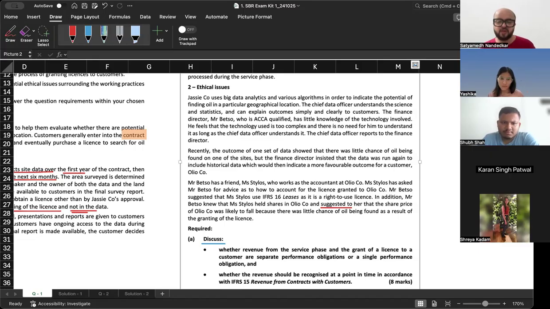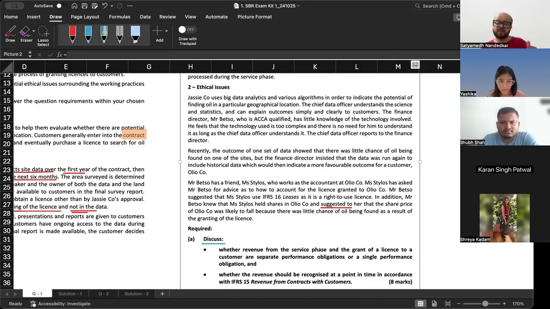The chief data officer reports to the finance director. Recently, the outcome of one set of data showed that there was a little chance of oil being found on one of the sites. But the finance director insisted that the data was run again to include historical data, which would indicate a more favorable outcome for a customer, Oleo Company.